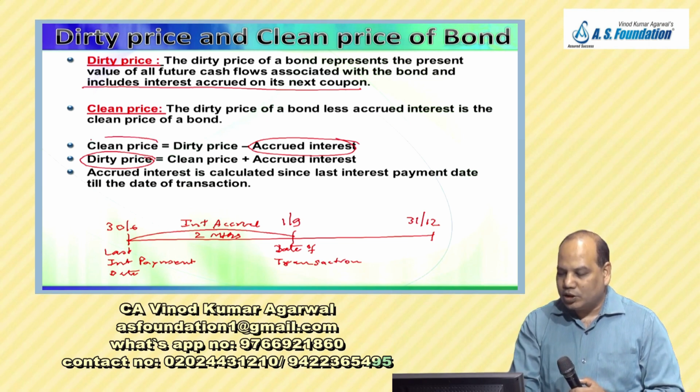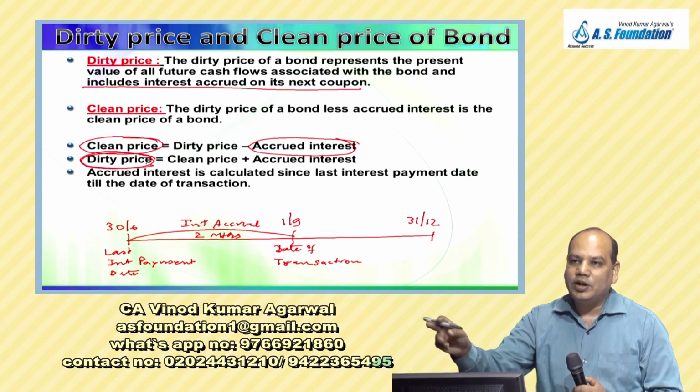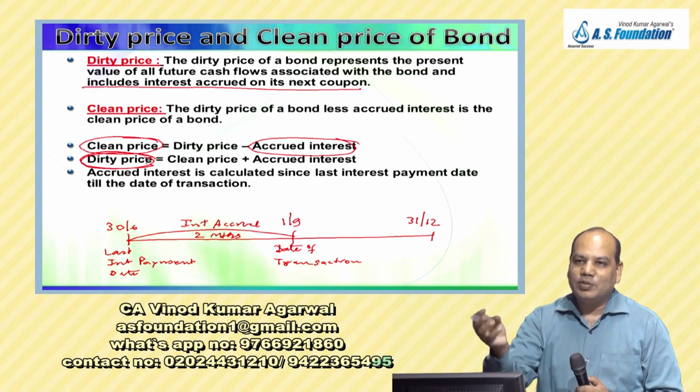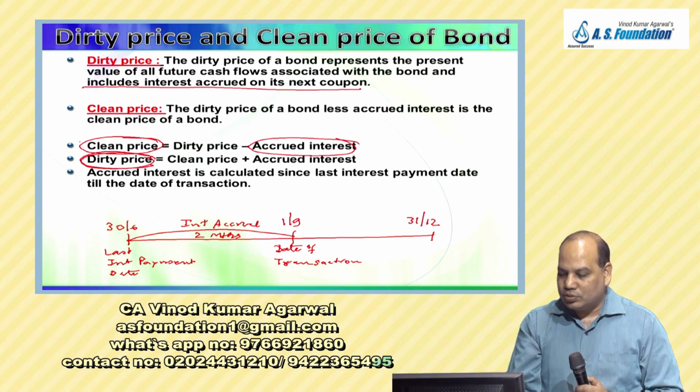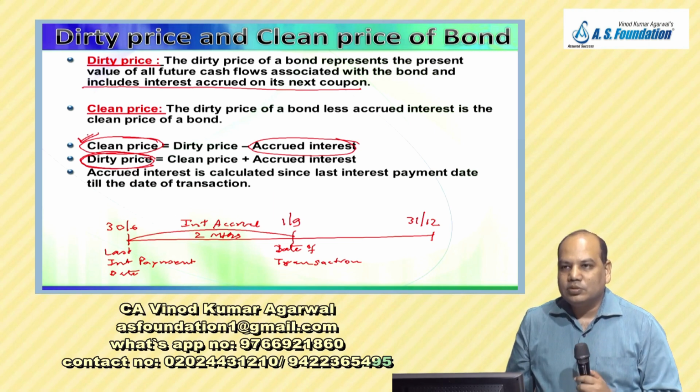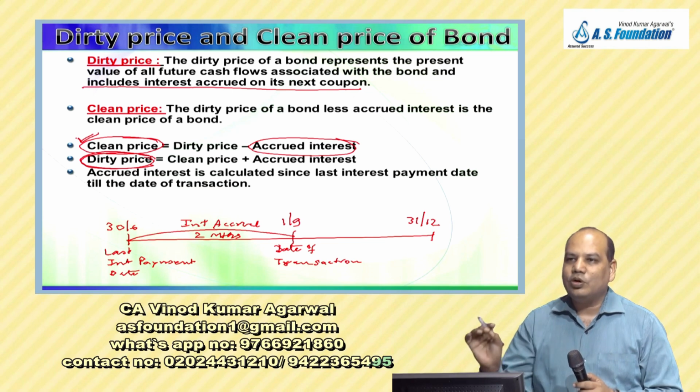Many markets follow clean price because dirty price will change almost every day. Because every passing day means interest will get accrued for one more day. So therefore, to keep less variability in the price of a bond, many markets follow the clean price method. Just like many companies sell on basic price.